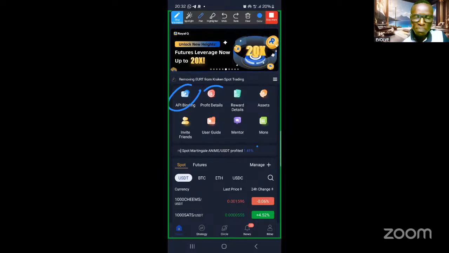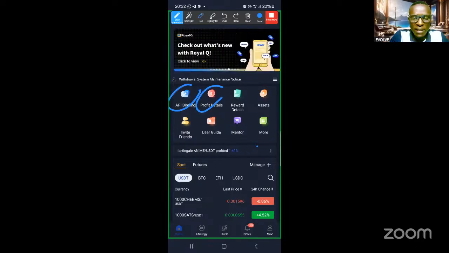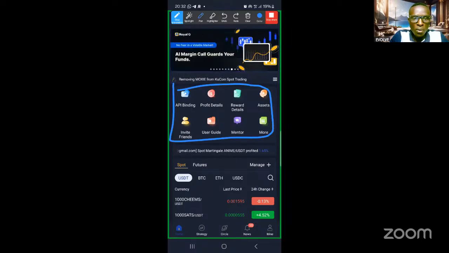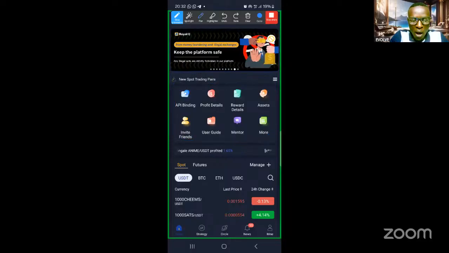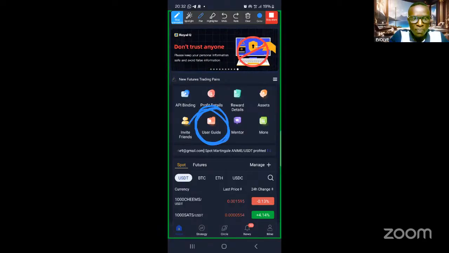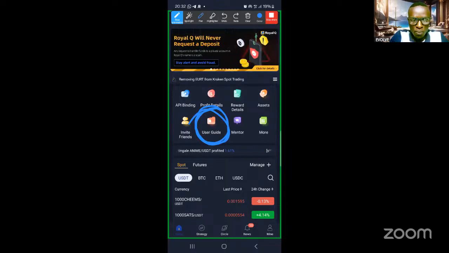Since it is the first page you open, they try to make what is here very important. They put here the user guide. You have activated your Royalq.